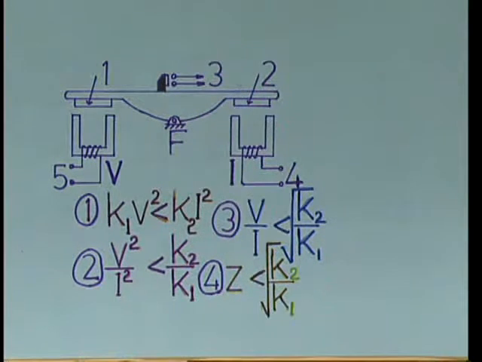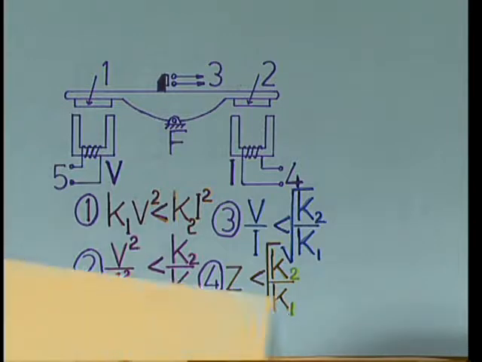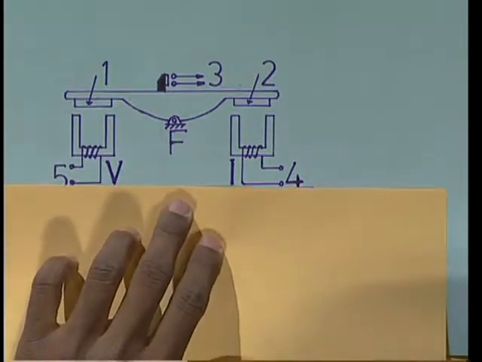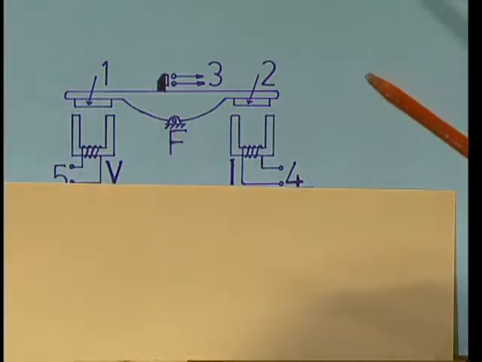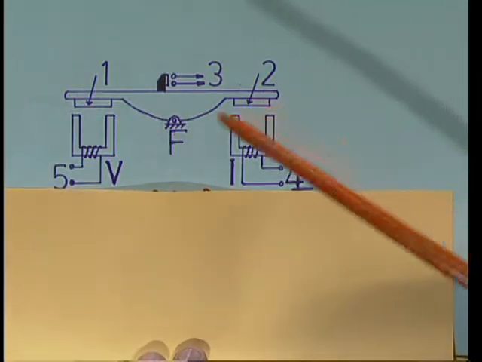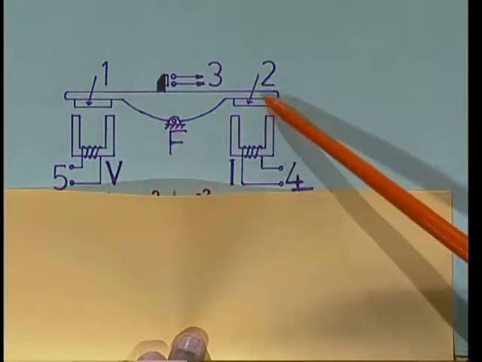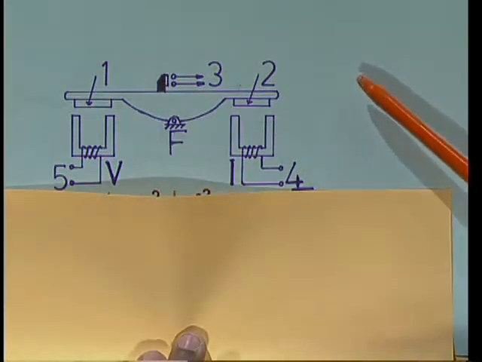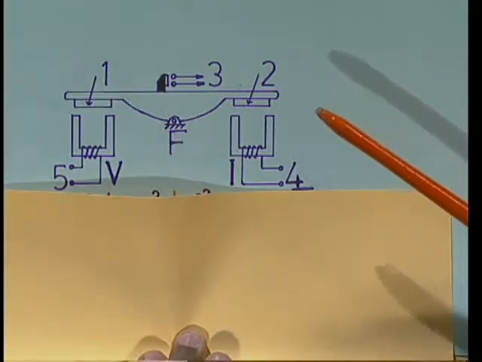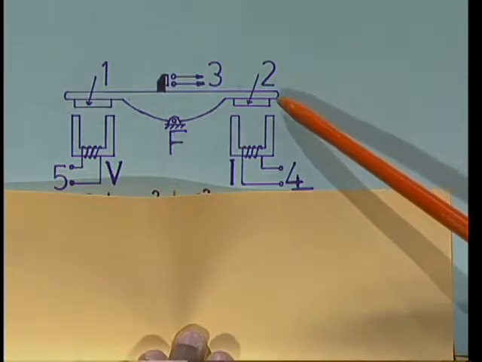The first one is the construction of the definite time distance impedance relay. It is provided with 1 and 2, which are the armatures of the electromagnets provided on a common platform.